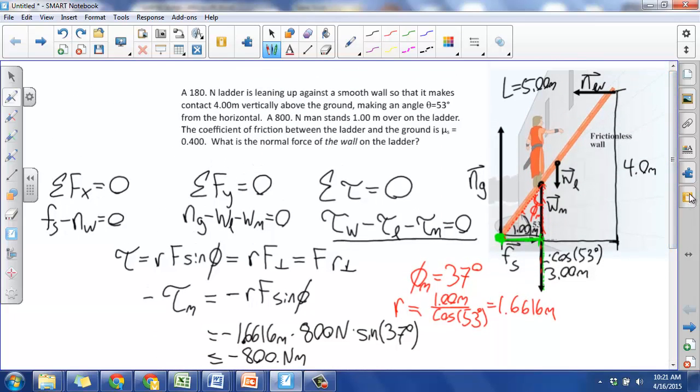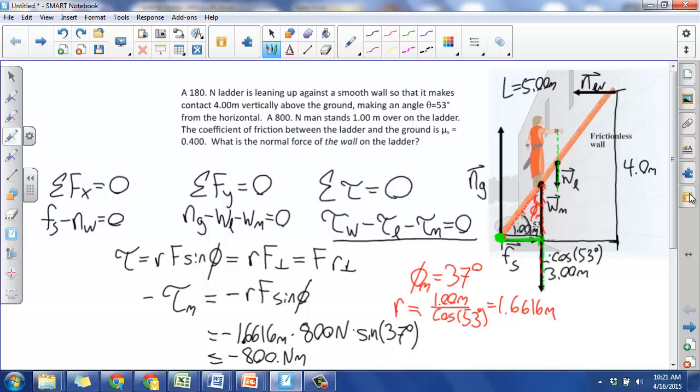So what is R perpendicular for the ladder? Well, this is halfway across. So we follow the line of the force. It doesn't matter which way you go along the line of action of the force.